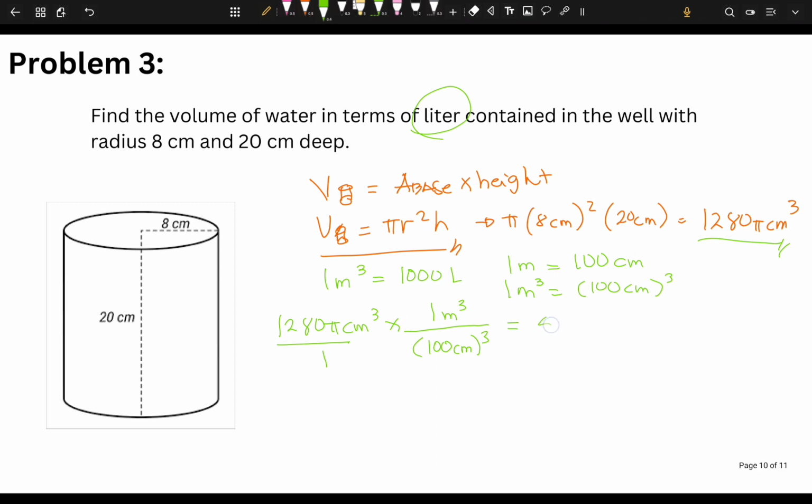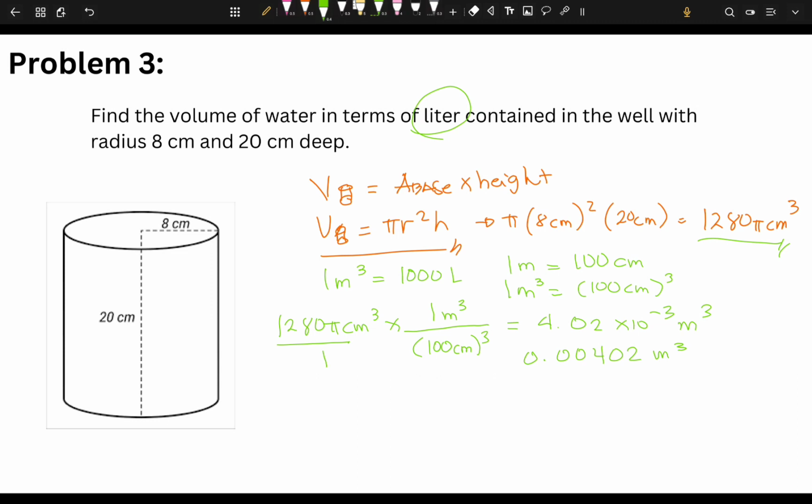That is 4.02 times 10 raised to negative 3 cubic meter. So, if that is raised to negative 3, it is in scientific notation, so roughly, how much is that? That is 0.00402 cubic meter. So, that is just its value.